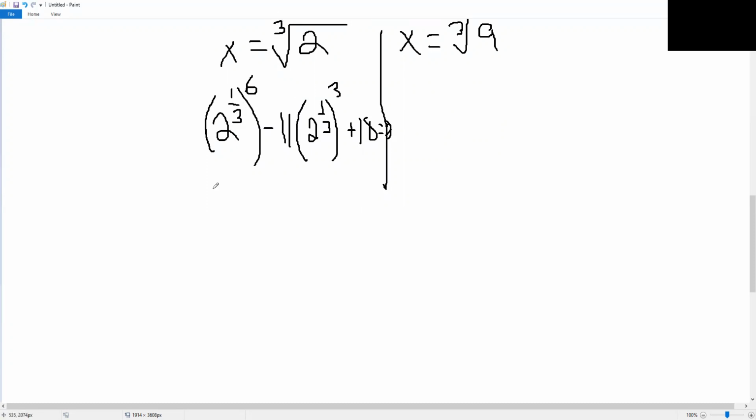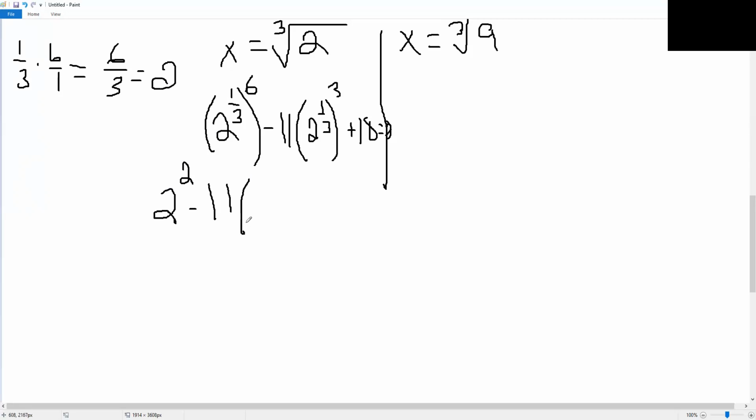So let's multiply. So 1/3 times 6 is what? We can do it by hand. We can say 1/3 times 6/1 equals 6/3, which is actually just 2. So this would be 2 squared minus 11. Now we got 1/3 times 3/1, which is just 1.